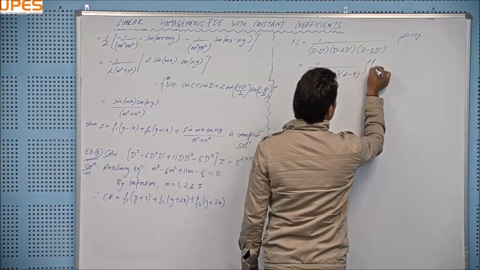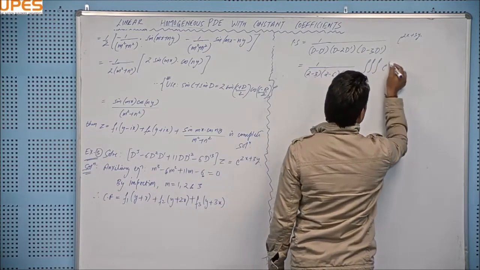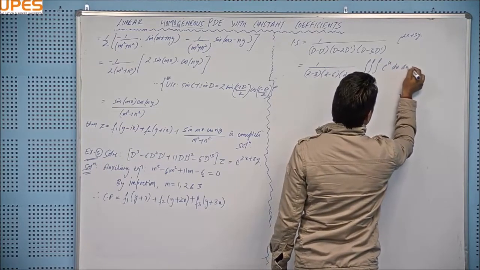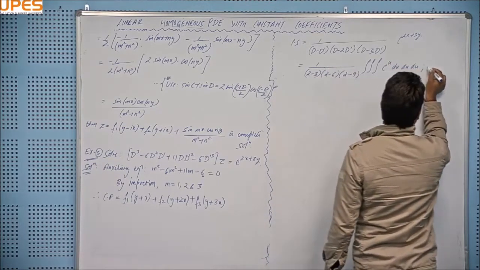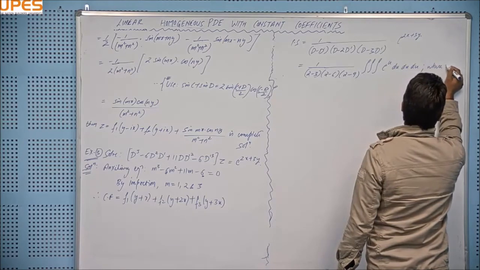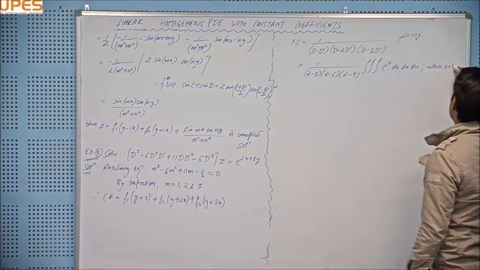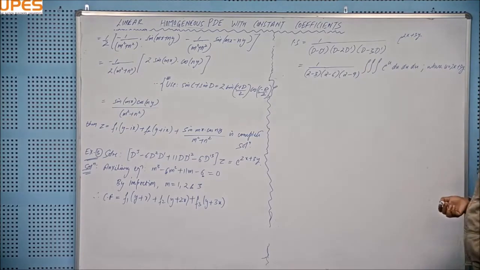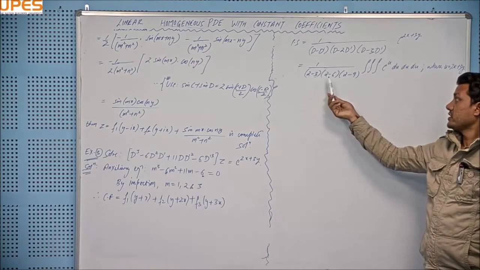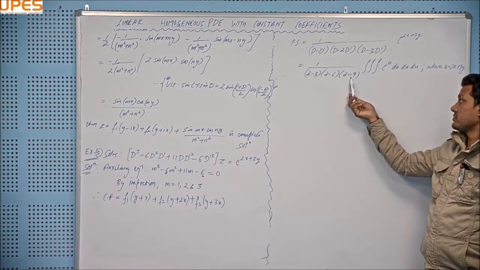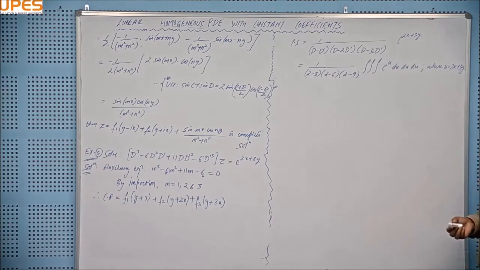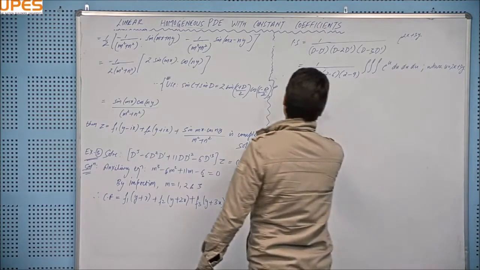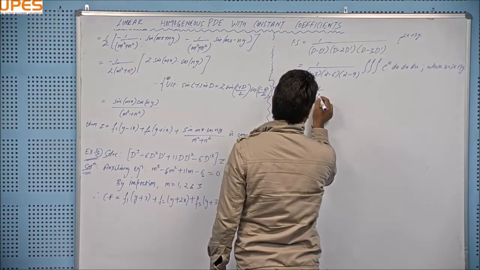Integrating it thrice, e to the power u du du du, where u is equal to 2x plus 3y, right? And this will be minus 1 into minus 4, that is plus 4, into minus 7, minus 28, so minus 1 upon 28.